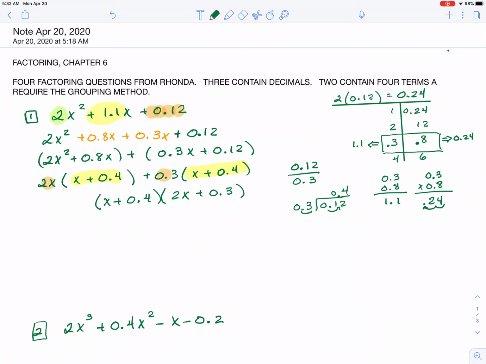And then if I look at the outer product and the inner product, those two will combine or add back up to the 1.1x in the middle. All right, so there's the first one.